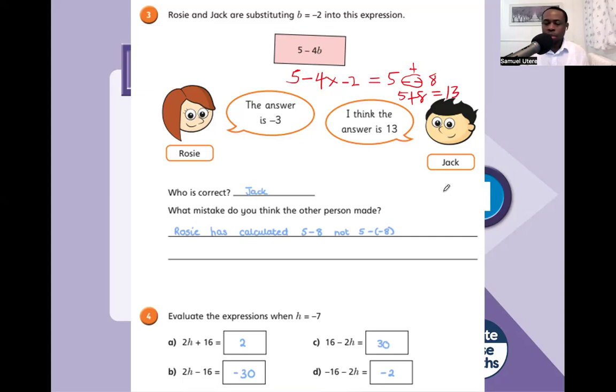So I'm going to discuss this one. 2h means 2 times h. 2 times -7 adds 16. Now remember your order of operations. You do that multiplication first. So -14 add 16 is equal to 2. And those are the answers for the other ones. So mark your work and celebrate your success.